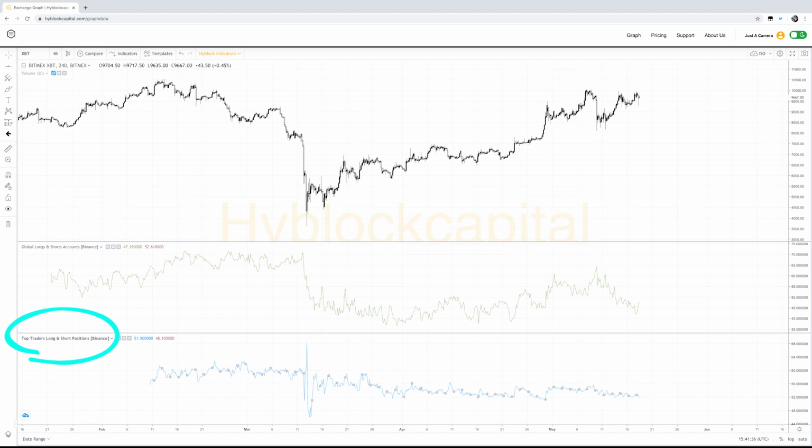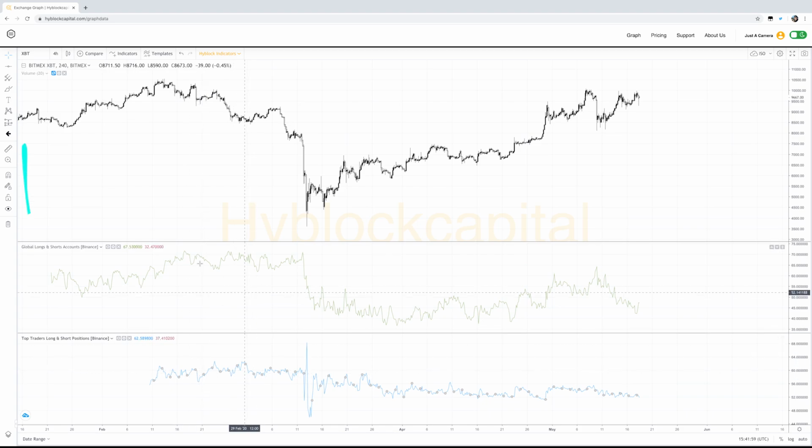This looks at the total positions and then takes the top 20% and determines that cumulative long-short delta to determine what the positioning is, long or short. Because it's the top 20%, we can almost think of these guys as the whales or the big institutional players.